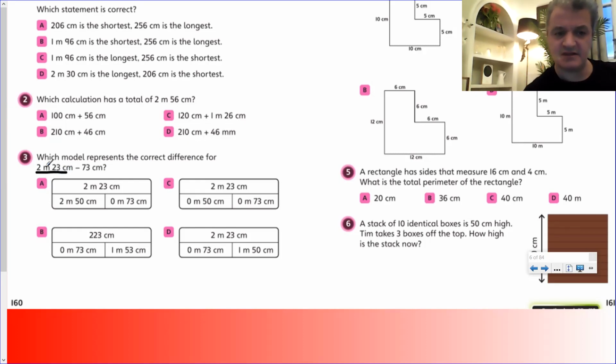How many centimeters in this 2 meters? There's 200 centimeters, add the 23. So I've got 223 centimeters. Now my number sentence said I've got to subtract 73 from this.